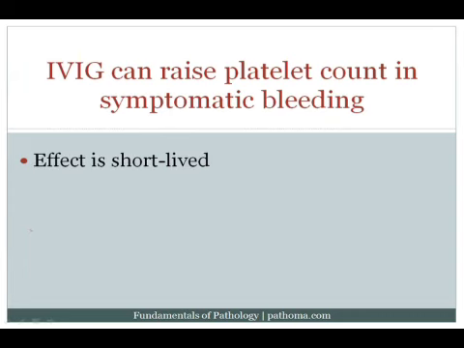Well, one way to raise the platelet count would be to give the patient IVIG. Now, what is IVIG? IV implies that you give it intravenously, and IG is the immunoglobulin. So what you do is you give the patient intravenous immunoglobulin. Now, why would that help? Well, if you give the patient a ton of immunoglobulin, the splenic macrophages start eating that immunoglobulin instead of the immunoglobulin that's bound to the platelets.